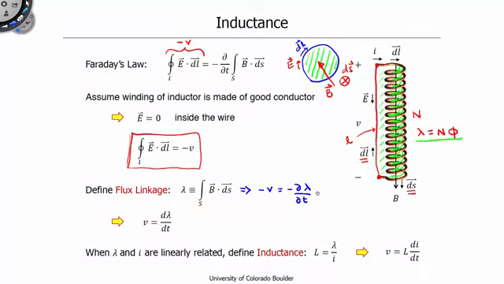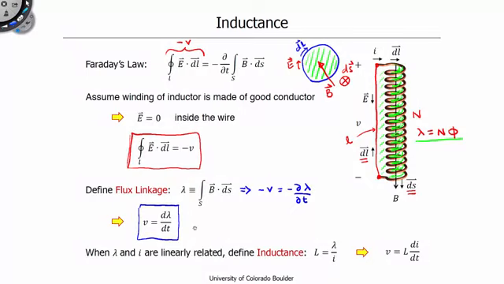Since lambda has no spatial dependence and only time dependence, we can simplify this partial derivative to an ordinary derivative of lambda, and the terminal relationship for this coil can then simply be written as the voltage V equal to d lambda dt, where lambda is the flux linkage.